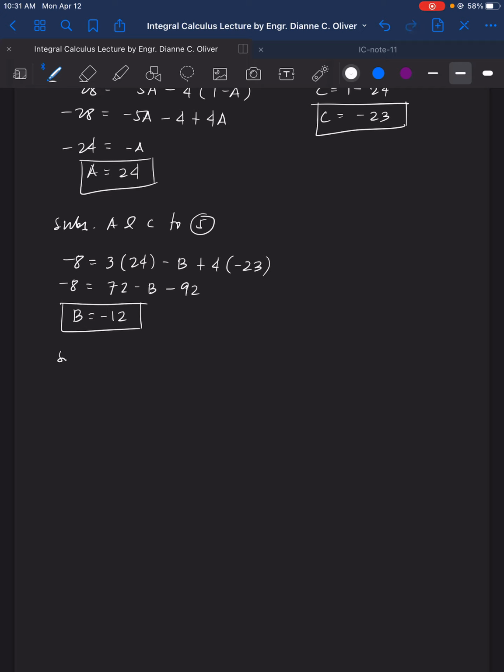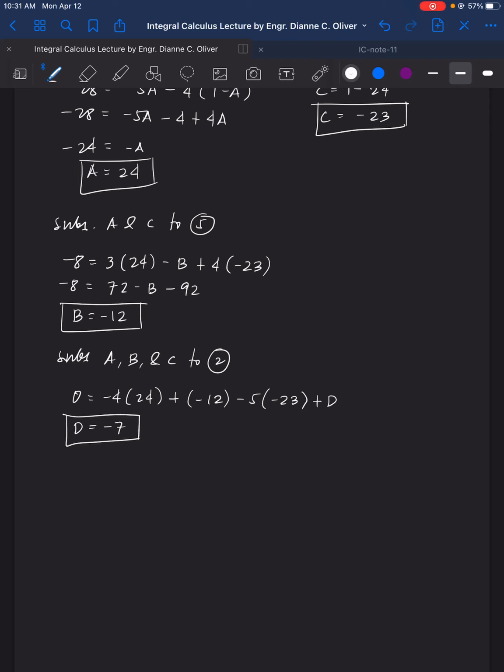So substitute a, b, and c to equation number 2. So 0 is equal to negative 4a plus b, negative 12, minus 5c plus d. Then using your calculator or solving it mentally, you have the value for d as negative 7.